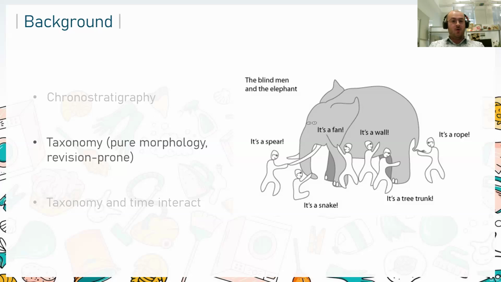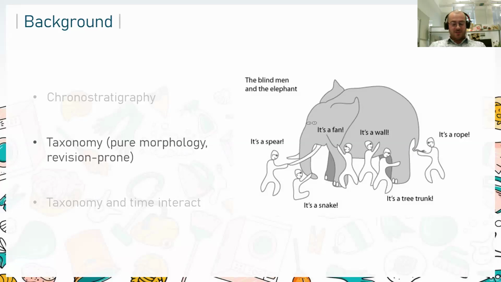We have to rely on pure morphology, and when we're dealing with pure morphology, even though there is plenty of exceptional work out there to try and make morphological assessments of taxonomy more objective, more transparent, and more standardized, there is naturally still more scope for subjective disagreement, for a litany of revisions, reassignments, and recombinations to creep in. Anyone who has cleaned a fossil occurrence data set will, I think, have a sense of this, is how frequently outdated or invalid taxa slip in there to complicate our analyses.